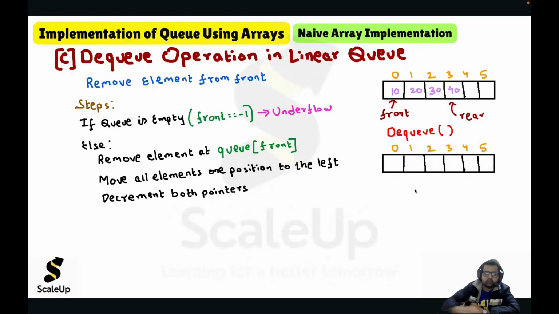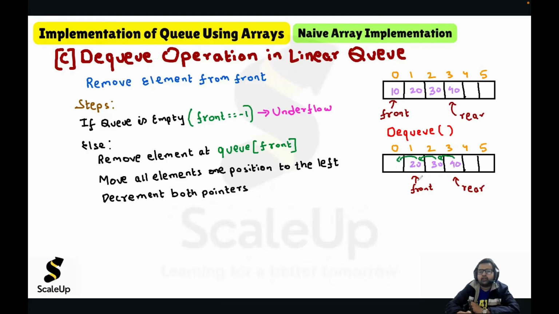So what exactly will happen in the DQ operation, I'll tell. 20, 30, 40 will remain as they are, 10 will get removed, and front and rear will be like this. This is like the 50% of the DQ. Then we have to shift elements like this.